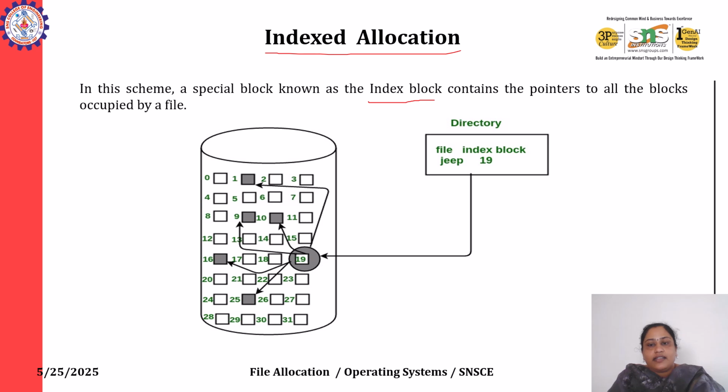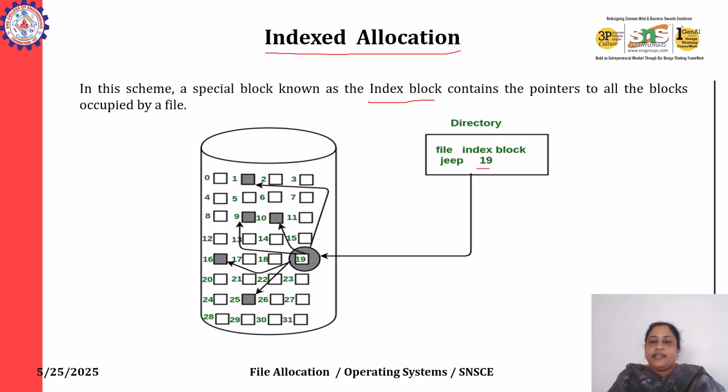The index block contains the disk addresses of all the file blocks allocated to that particular file. So the directory entry will contain the address of the index block, that is, the starting address.